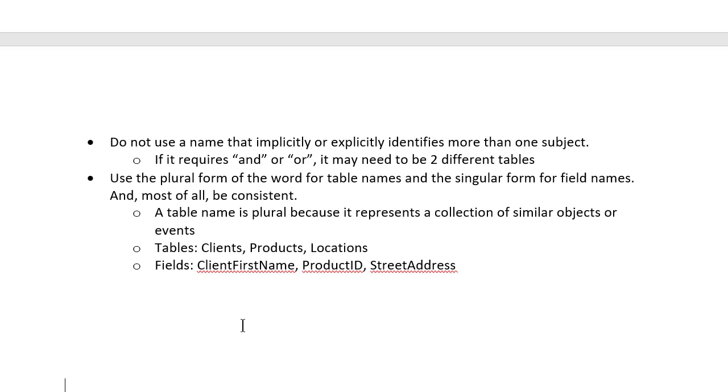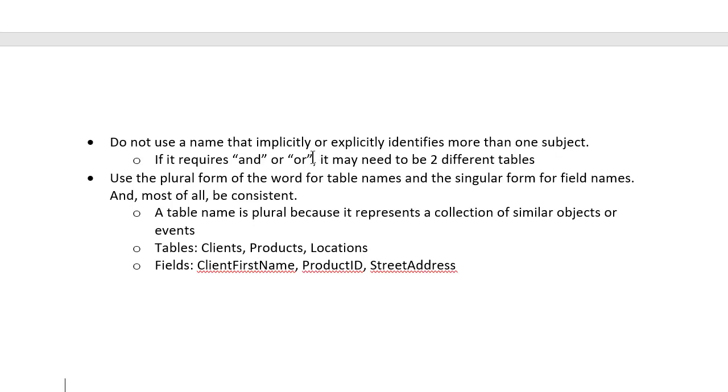You also want to avoid names that implicitly or explicitly identify that table as being more than one subject. So if it requires something like an and or an or, it may need to be two different tables.